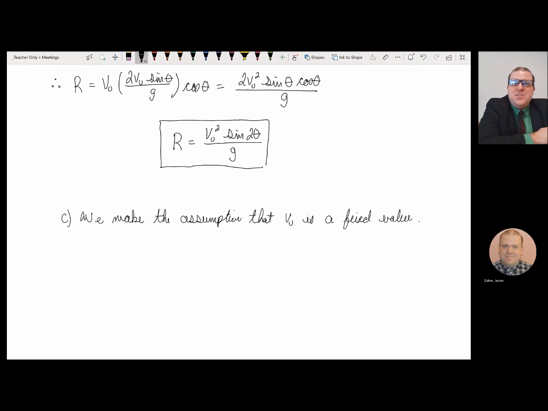Do you remember optimization in Calc 1? Right? It made use of several results.